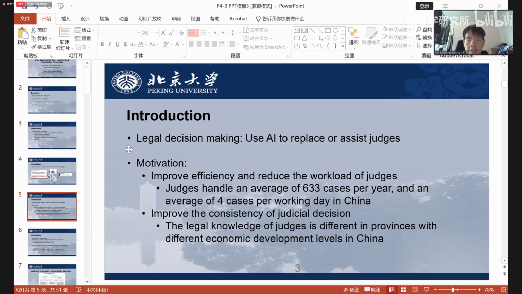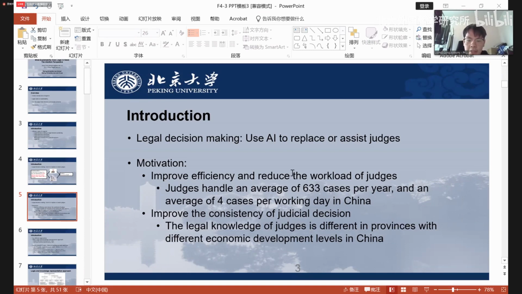There is statistical data that every judge in China will handle about 600 cases per year, almost an average of 4 cases per working day. So it is really overwhelming work for every judge.